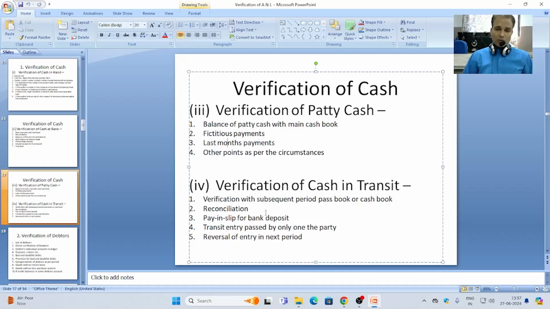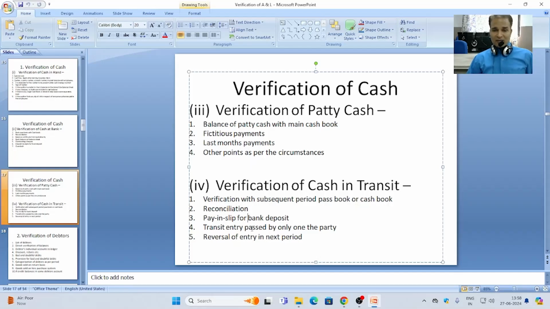The auditor is also required to prepare a reconciliation statement for the differences he finds between the cash book of the previous period and the current period. The auditor can also check the pay-in slip or bank deposit slip for the cash in transit.